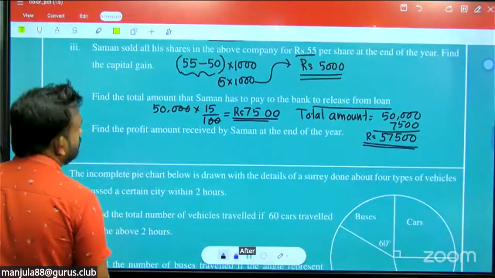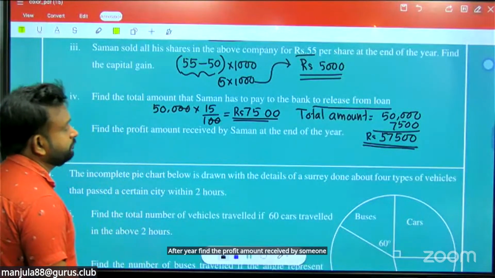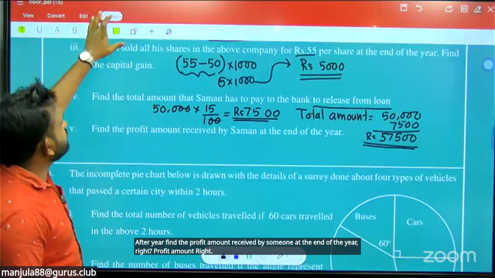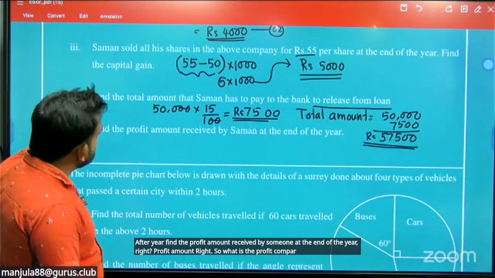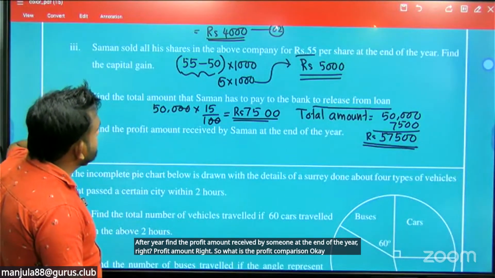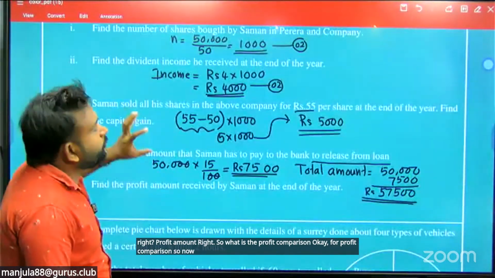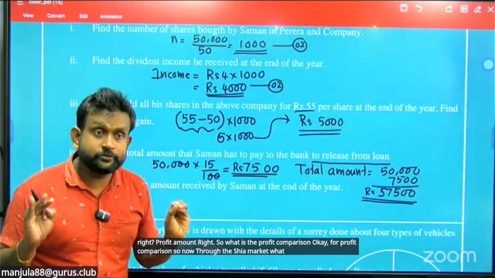Find the profit amount received by someone at the end of the year, right? Profit amount, right? So what is the profit comparison? Okay, for profit comparison, so now through the share market, what are the two incomes they gain?